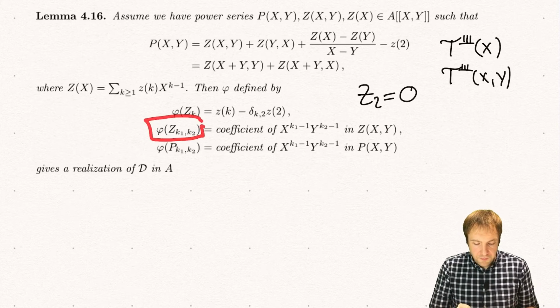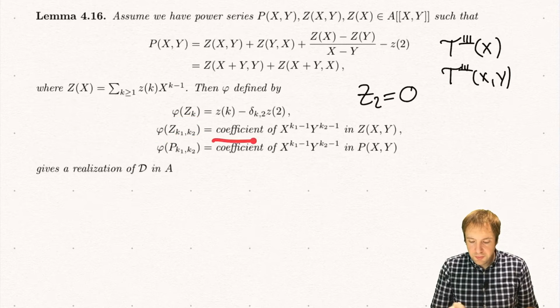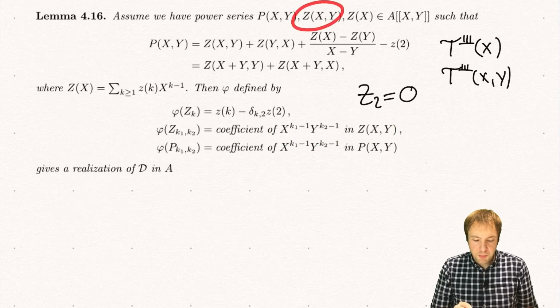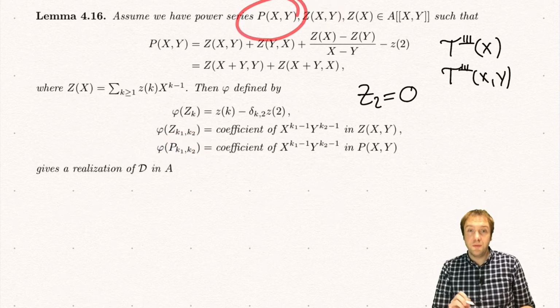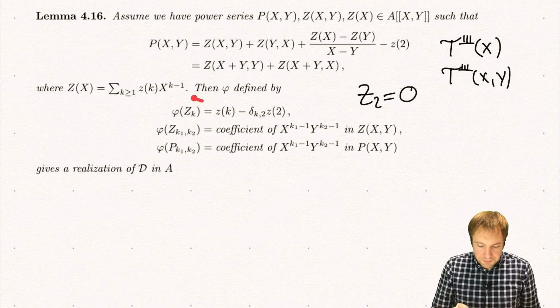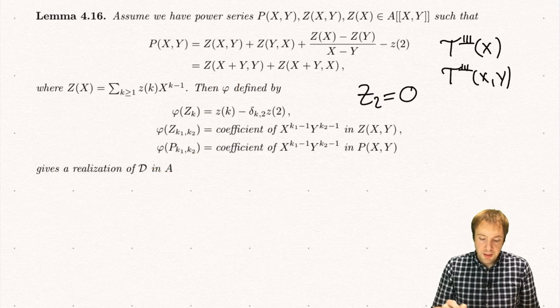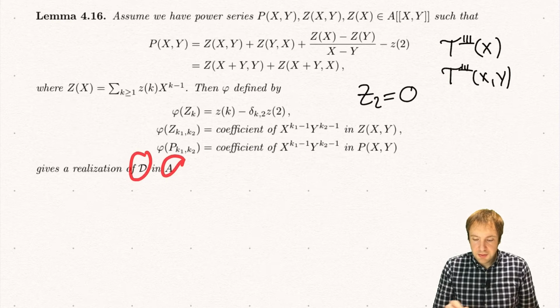The image of phi on z_{k1 k2} is just the coefficient of this monomial in this power series, and the image of phi on this p is just the coefficient of this p. This defines phi for all weights k, and therefore we get a realization of D in A.